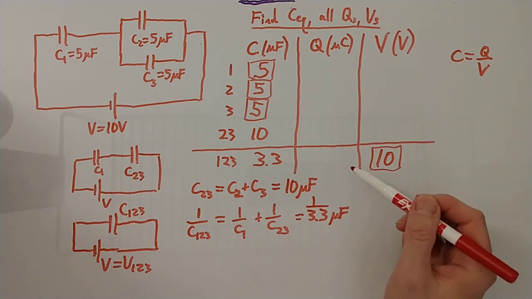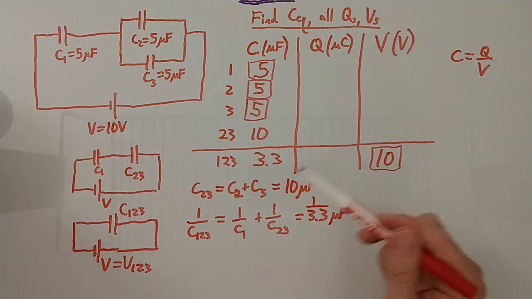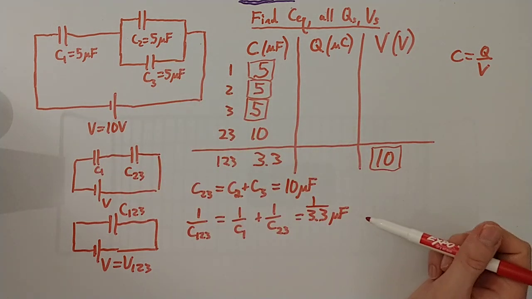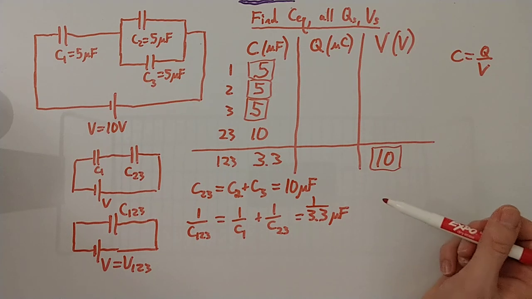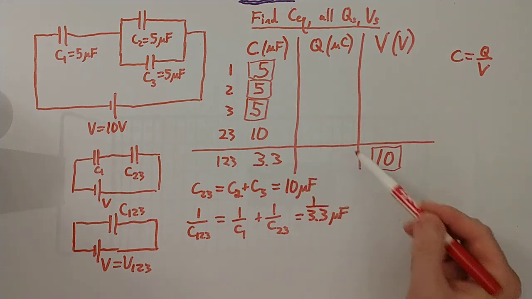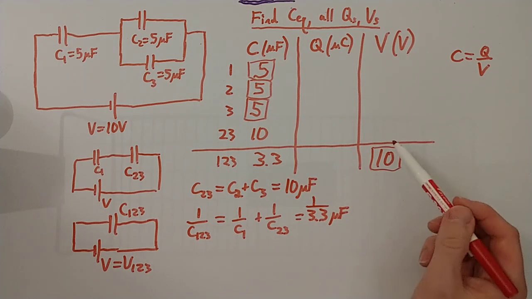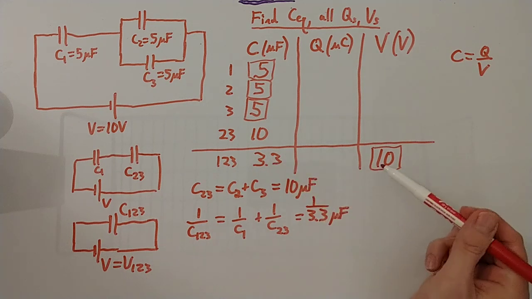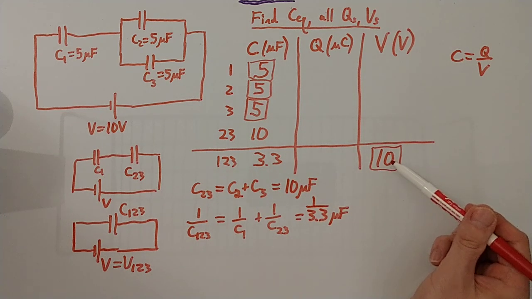But we're not finished, because we are also asked to find out how much charge is on each of these capacitors and what the potential across each of them is. Well, now we can start to see the benefit of putting things in a table here, because I know the equivalent capacitance of the system, and I know the potential across the whole system, right?